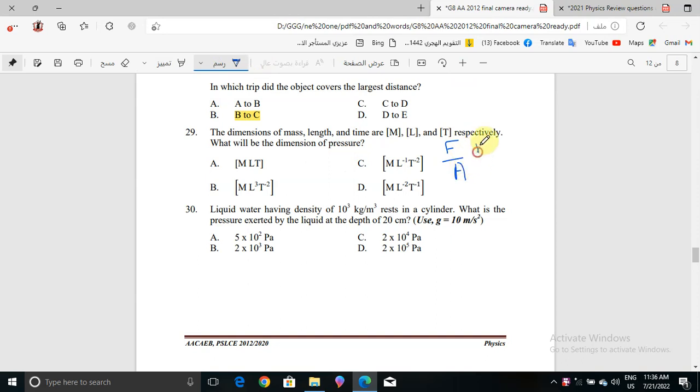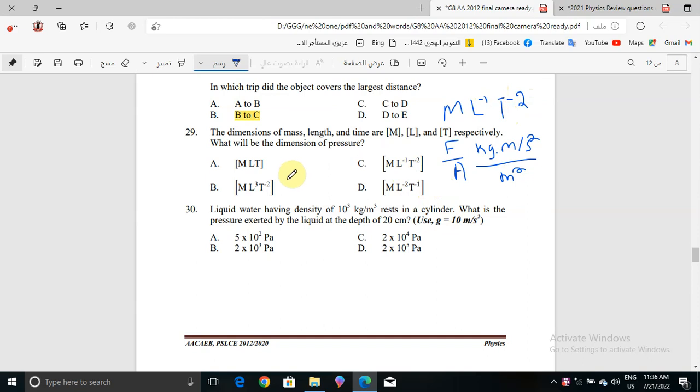So that means kilogram times meter per second squared, which is Newton also, over meter squared, right? So what we'll do here, it will be M L to the power of -1 T to the power of -2.